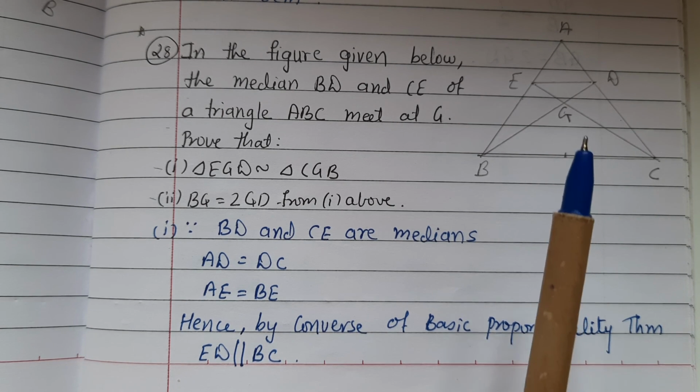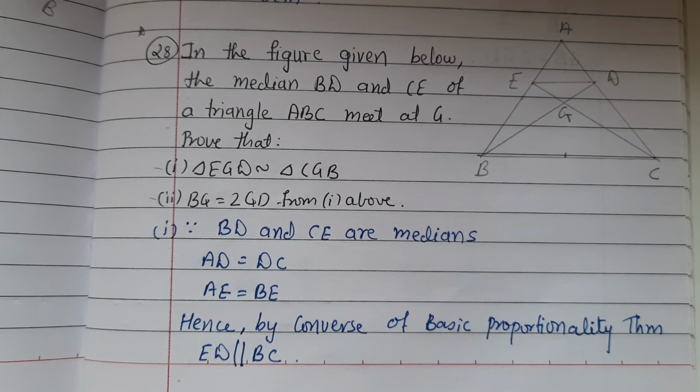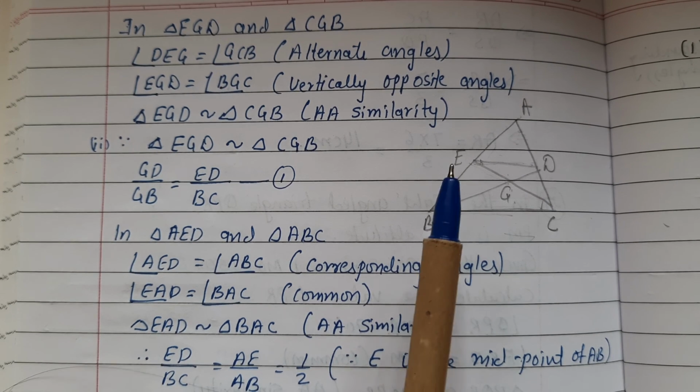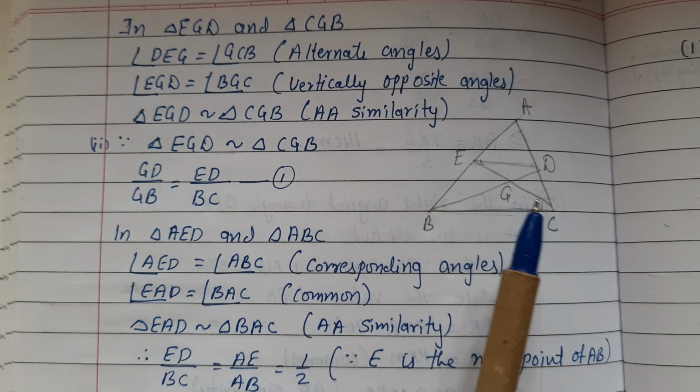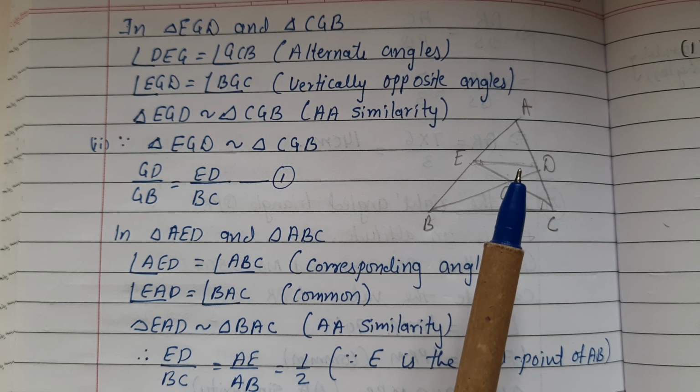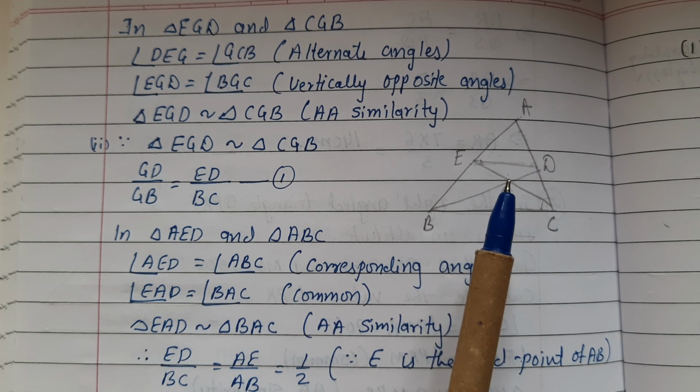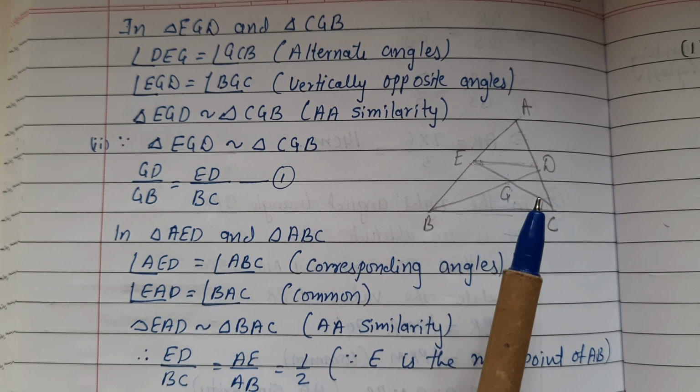Okay, we will take triangles EGD and CGB. Angle DEG is equal to angle GCB, alternate angles.